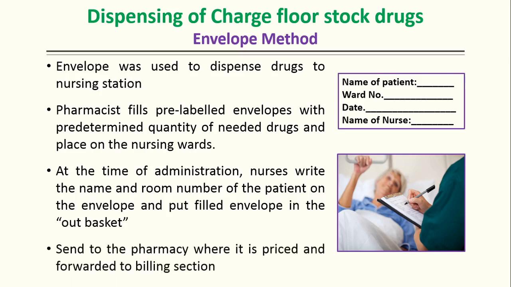That basket is sent to the pharmacy, where it is priced and forwarded to the billing section. When it is received in the pharmacy, the medicine is priced, and that pricing is forwarded to the billing section. By using these steps, the administration of a charge floor stock drug to a patient takes place.